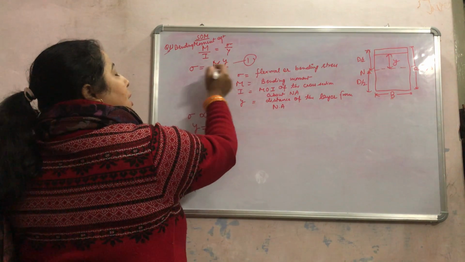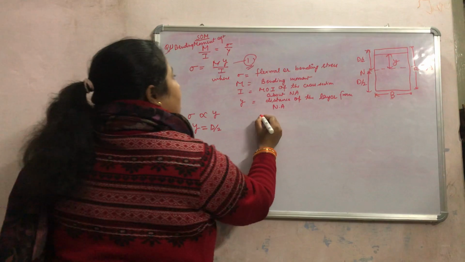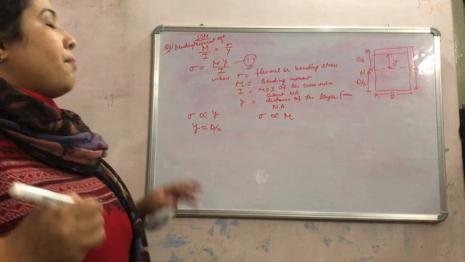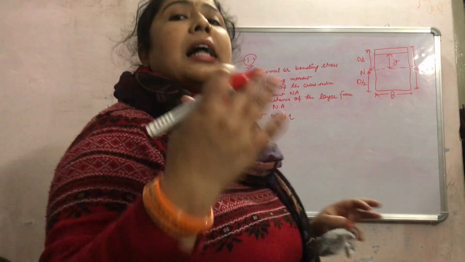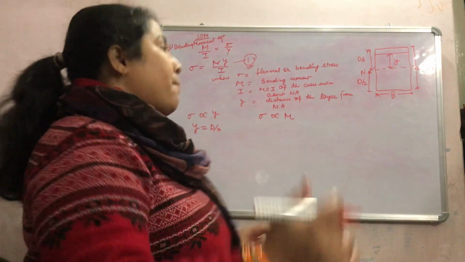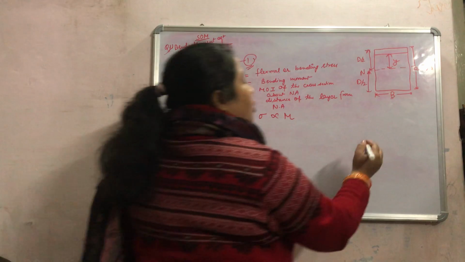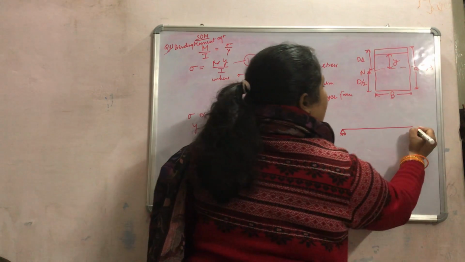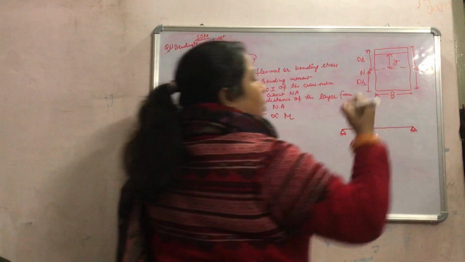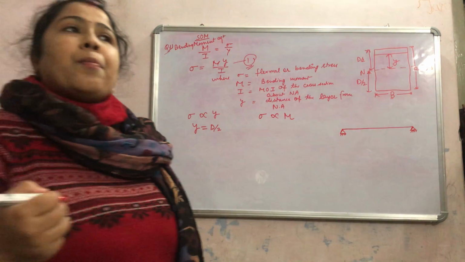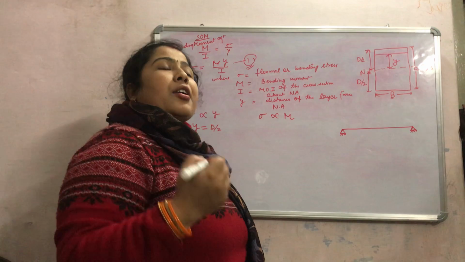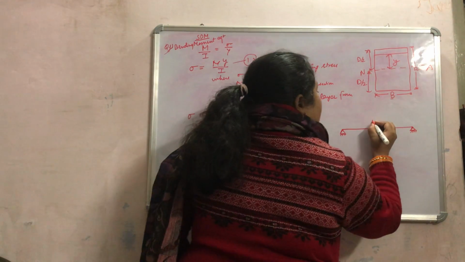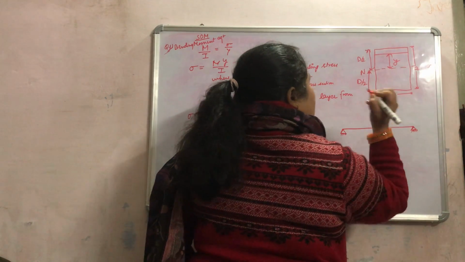Also from this equation, sigma proportional to M. So, maximum bending stress is developed when the bending moment is maximum. So, for a simply supported beam, bending moment is maximum when a concentrated load is acted at the middle of the span.